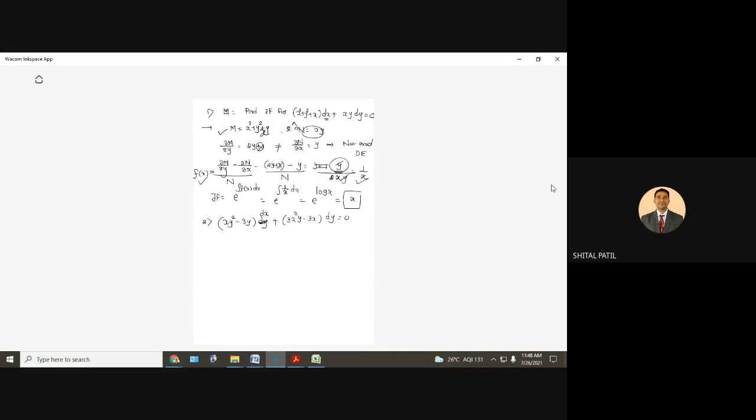So first we write the M. M is equal to xy square minus 3y, and N is equal to 3x square y minus 3x.